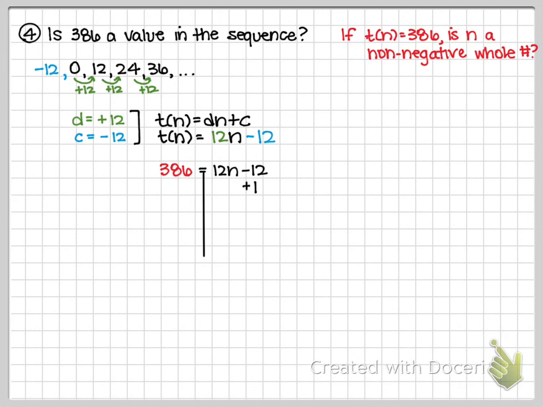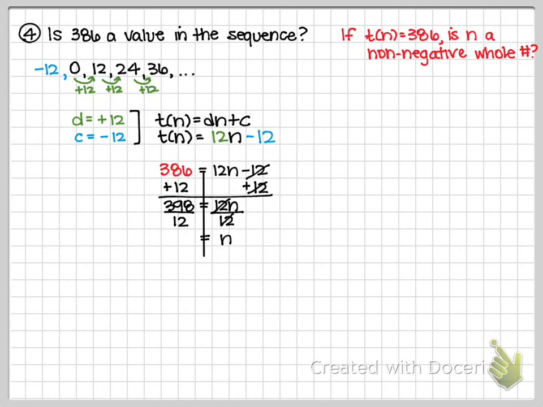So this will be plus 12 on each side. Those are going to cancel. 386 plus 12 is going to be equal to 398. Drop the 12n straight down. Let's divide by 12. Okay, it's going to be positive because I know a positive divided by a positive, so I feel good about that.